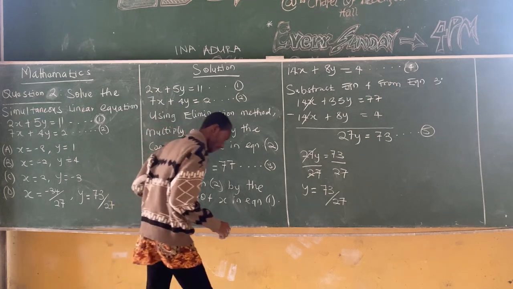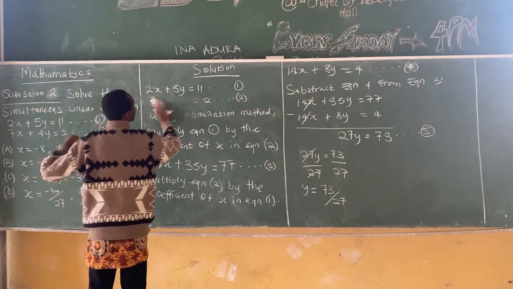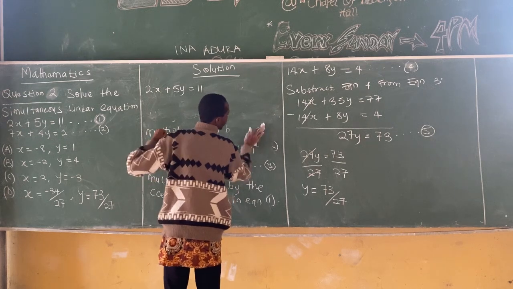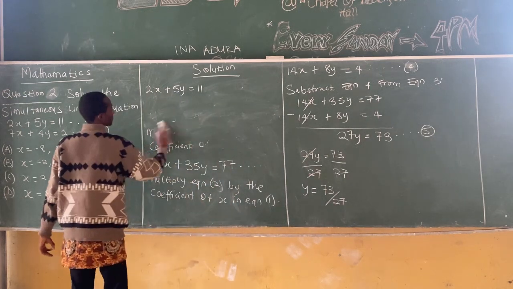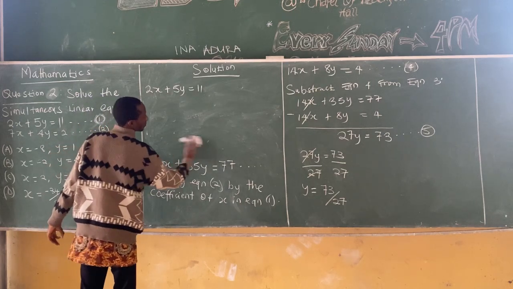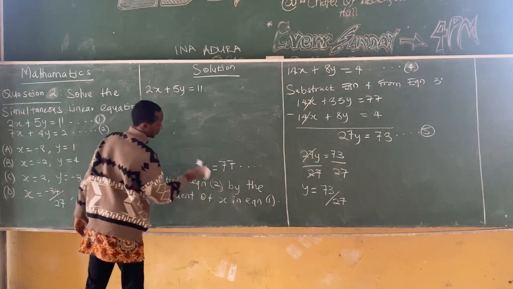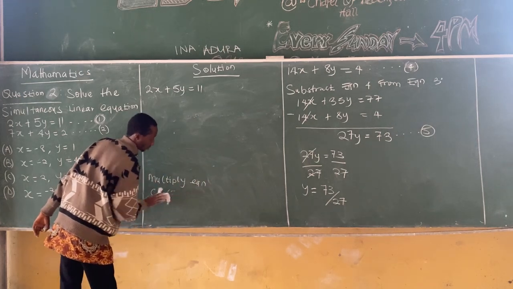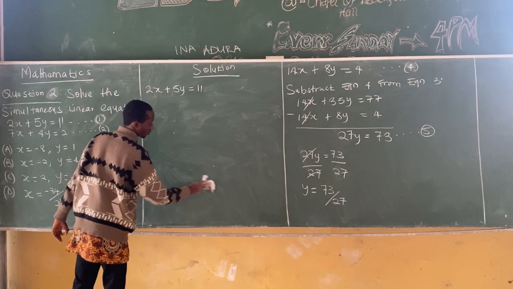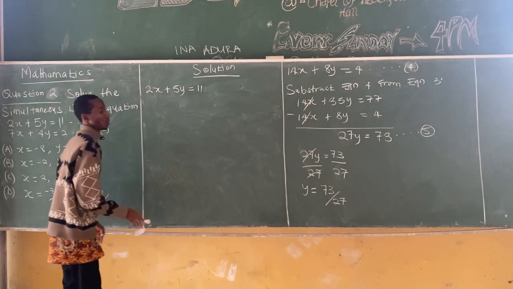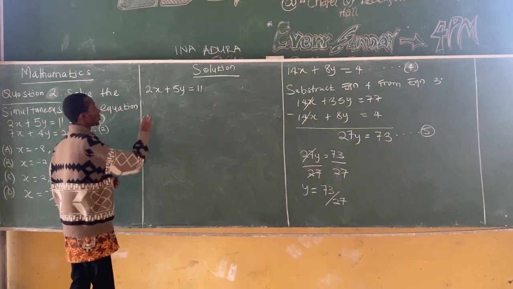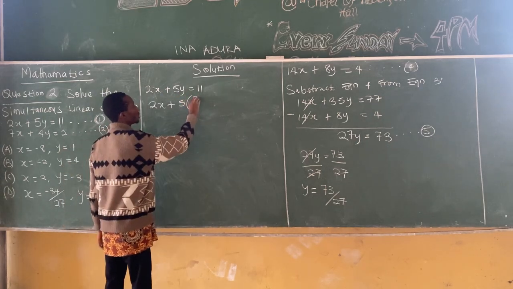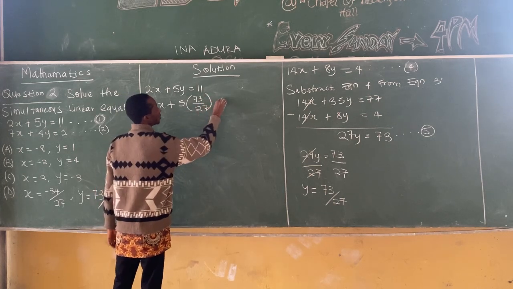If we substitute y into this equation, we have 2x plus 5 into, instead of writing y, we'll write 73 over 27 is equal to 11.